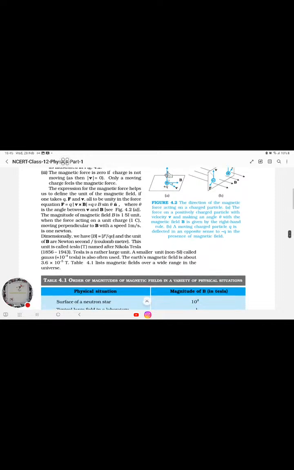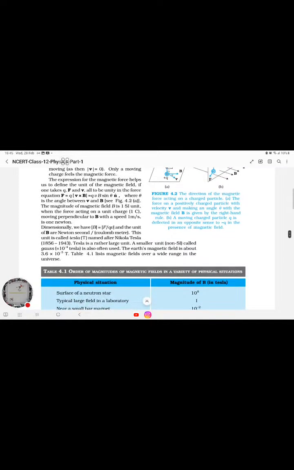So when the force acting on a charge of 1 coulomb, moving perpendicular to the magnetic field with a velocity of 1 meter per second, is 1 Newton, that particular magnitude will be termed as the magnetic field.